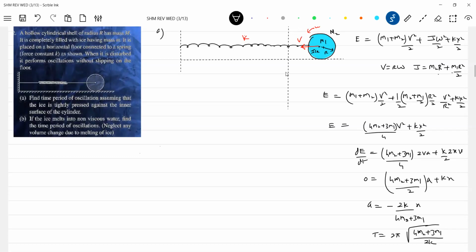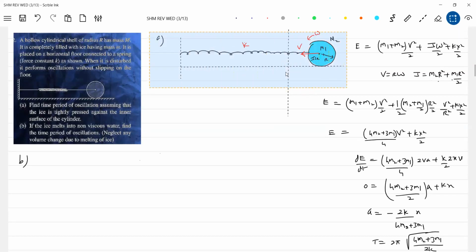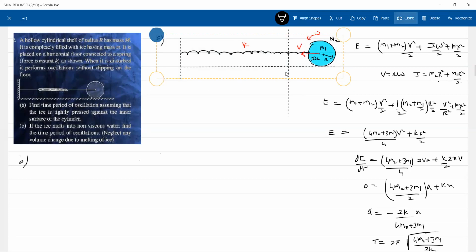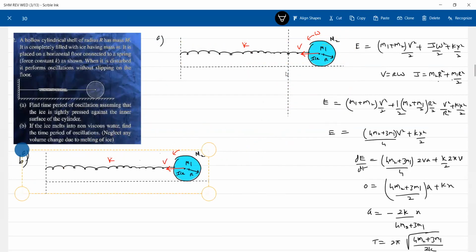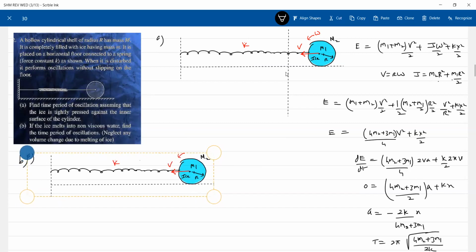Now it will become non-viscous. Now the next situation is asking, so part B. I think this can be asked in objective or in the matchings. Small idea based, most of you might have come across it also.